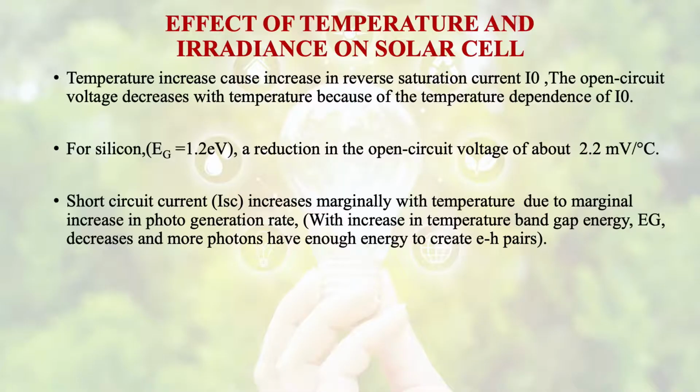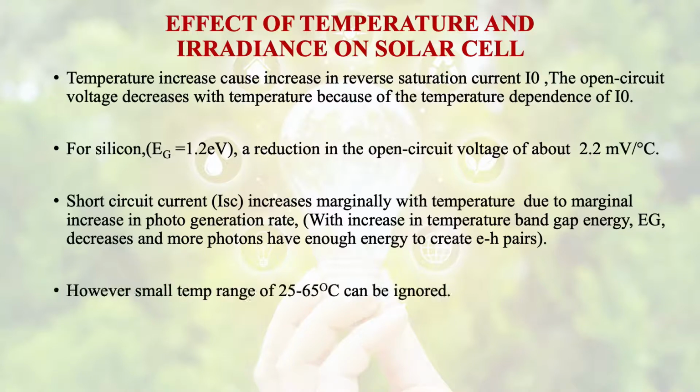ISC increases marginally. So voltage decreases, but ISC increases marginally. Why? Because when the temperature increases, the photo generation rate also increases marginally. However, for a very small temperature range, 25 to 65 degrees centigrade, it can be ignored.